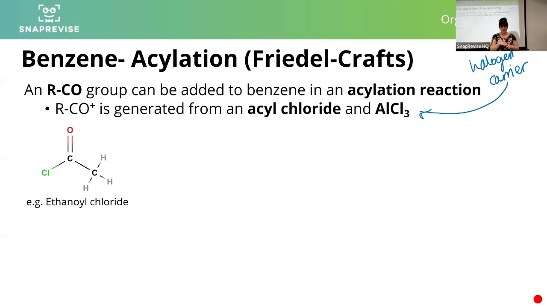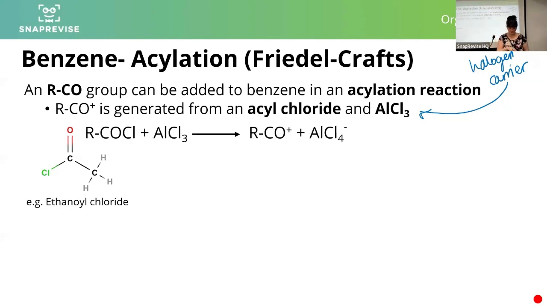The halogen carrier is there, like I said, to create the electrophile, to remove the halogen, including its electrons. So that's the key point: we want to take our acyl chloride, remove the chlorine and its electrons, which forms AlCl4 minus.